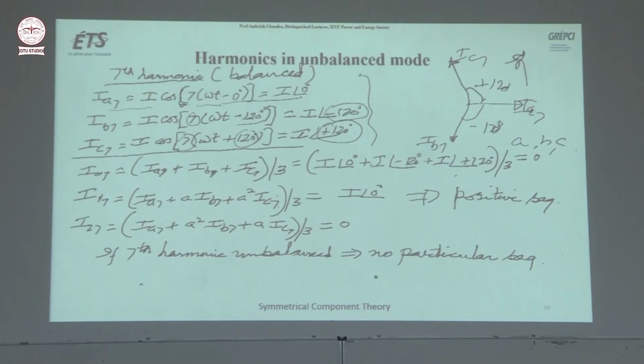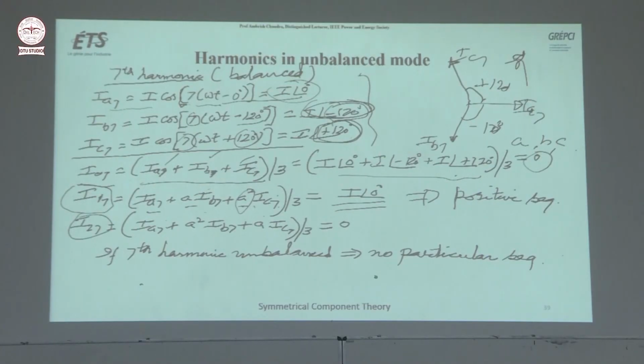But if you have to check mathematically, see, I07 equals this value. Put all those values here and you will see the sum will be 0. Same way I17, you can check, this is the equation for positive sequence. Put the values of A, plus 120, plus 240 here, and then put IA7, IB7, IC7 here, and you will see that this is the value.